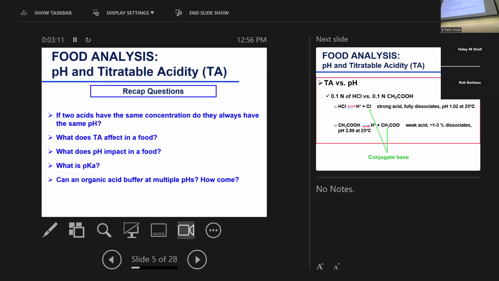It's when the weak acid and the conjugate base are equally present in concentration. Yes, exactly. It's the pH at which the associated acid and conjugate base are at equal concentration. So this is a maximum buffering capacity.